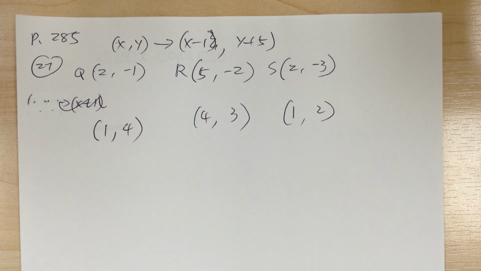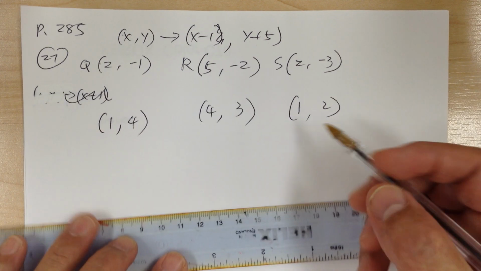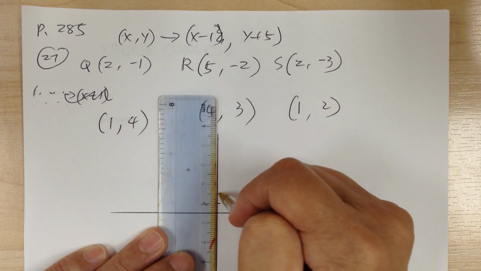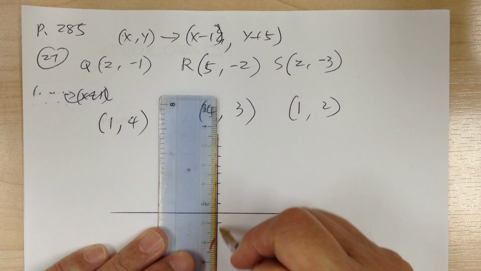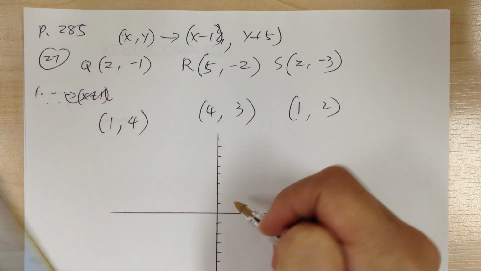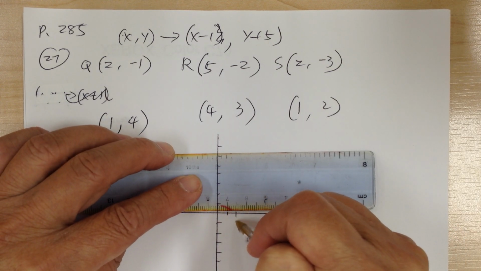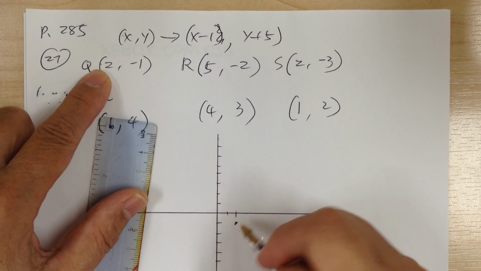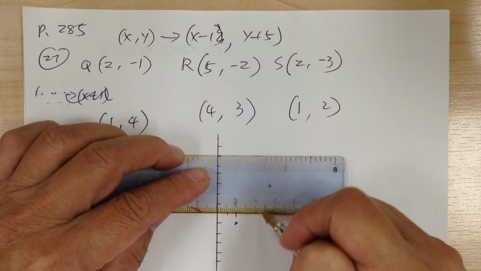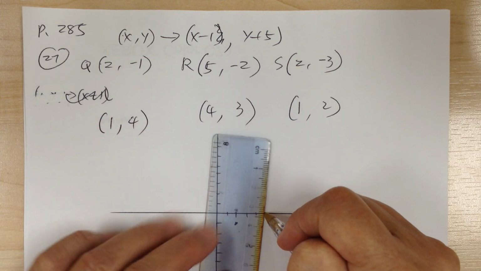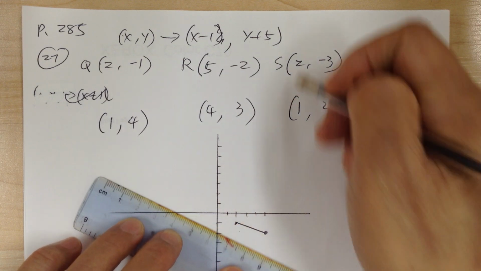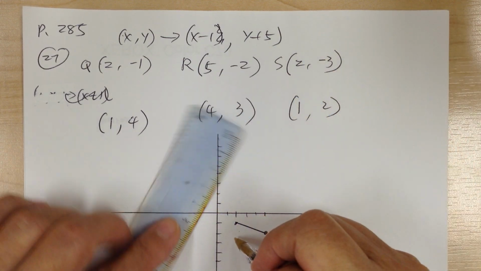Okay, so if you were to sketch these, we can do it very quick. So you got 2, negative 1, so that's point Q. And then you have 5, negative 2, and you got 2, negative 3.